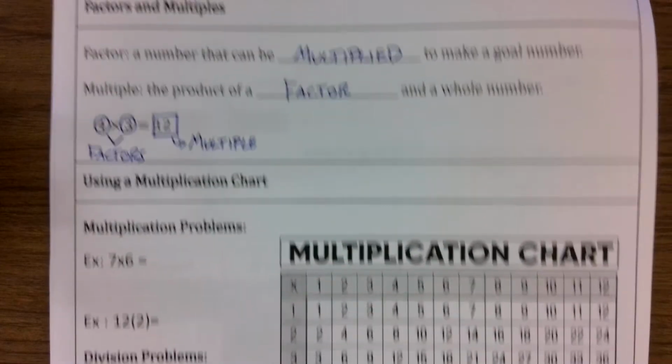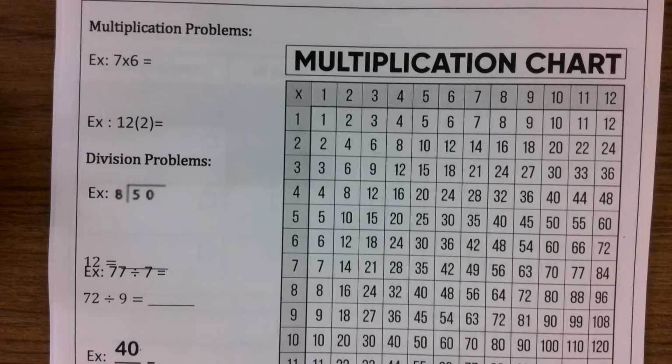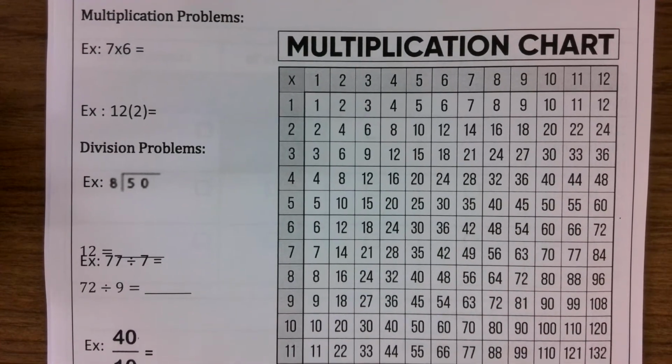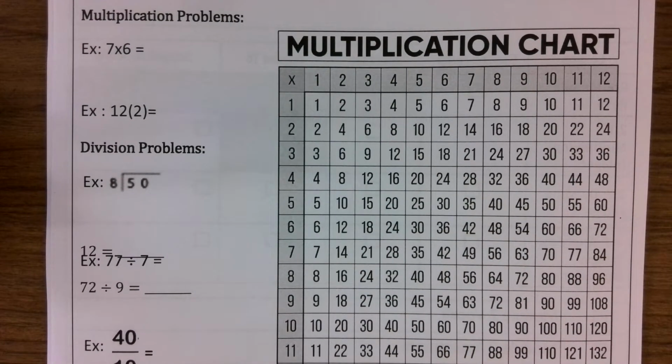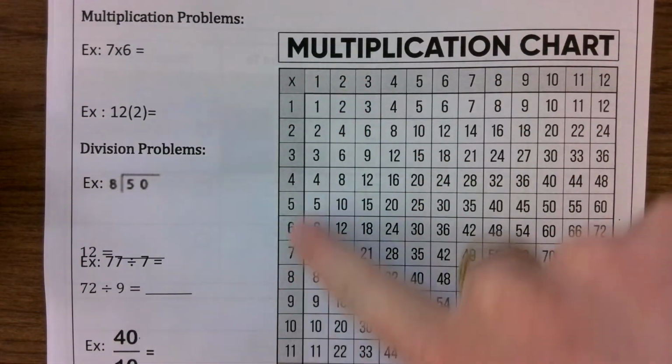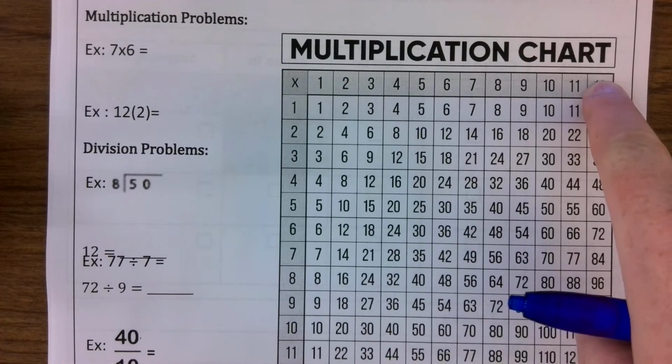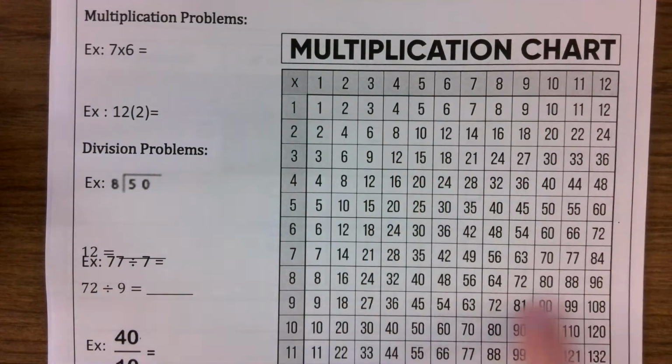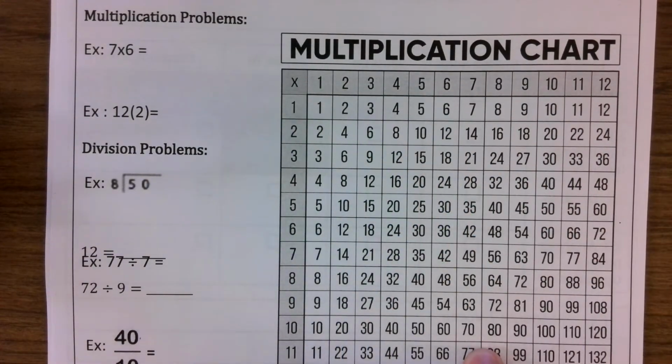Now, when we use a multiplication chart, we've got to remember where our factors and multiples are. You'll notice right here we have some grayed out sections and then some not grayed out sections.